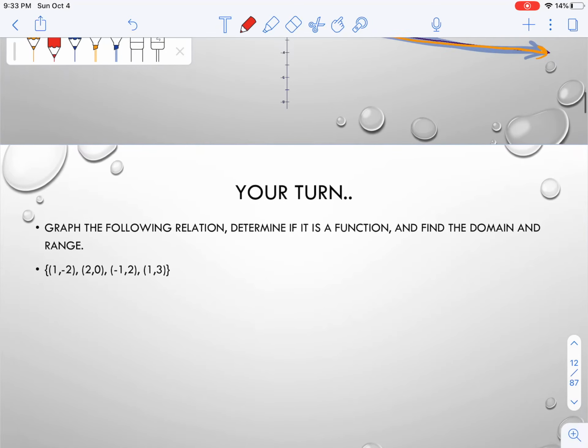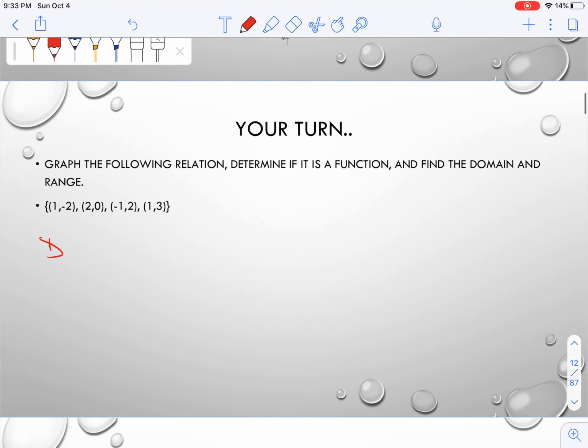In terms of my domain, I'm going to put a curly bracket here, with -1, 1, and 2. My range, looking at the y values, in order, is -2, 0, 2, and 3.